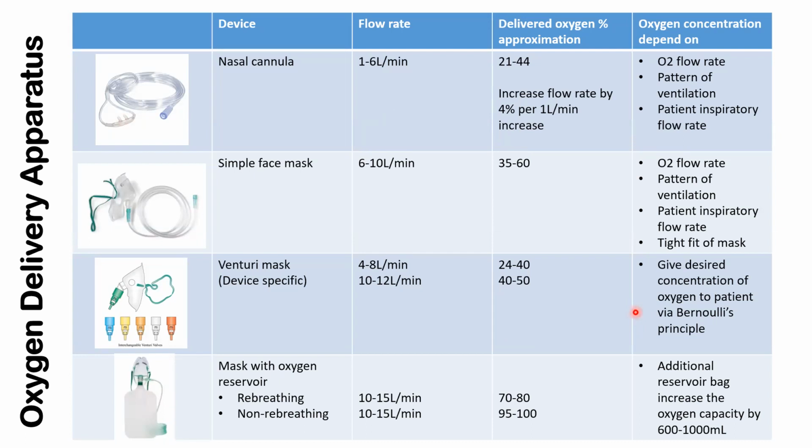Why do we like the venturi mask in COPD patients instead of a higher percentage of oxygen? There are two main reasons. First, in COPD patients, their lungs are already diseased. So they have a certain coping mechanism in which the oxygen is directed to the good parts of the lung.